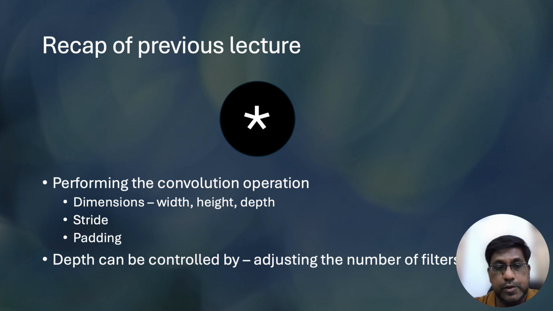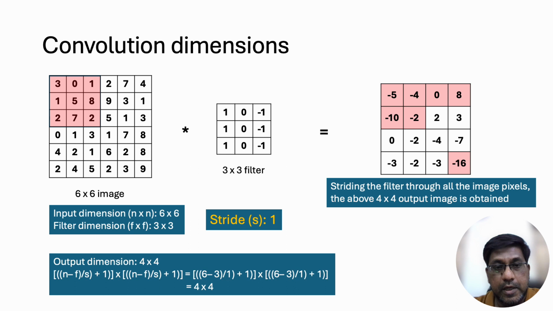And we also saw that we can control the number of channels, in other words called the depth of the output image, by adjusting the number of filters. So let's quickly see how we did those things and then move on to the demonstration of the convolution operation.